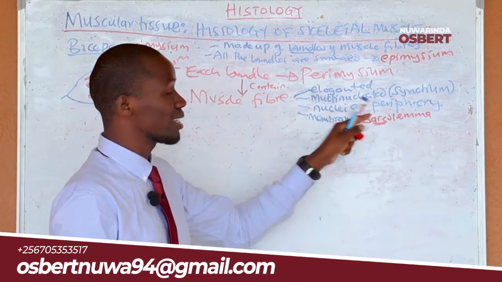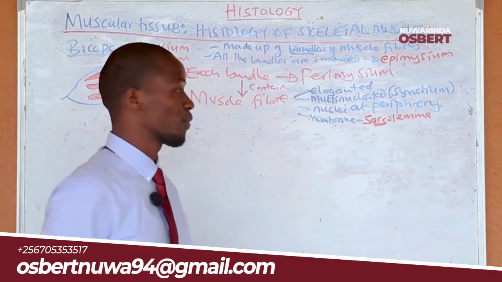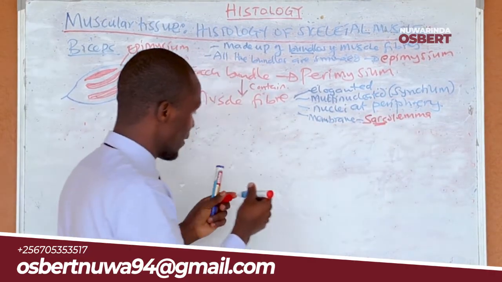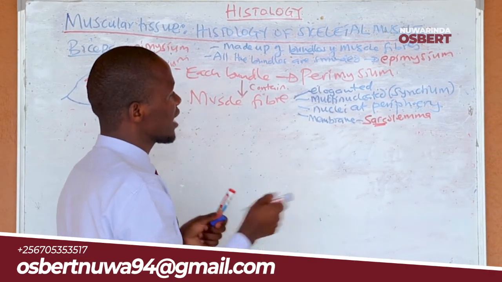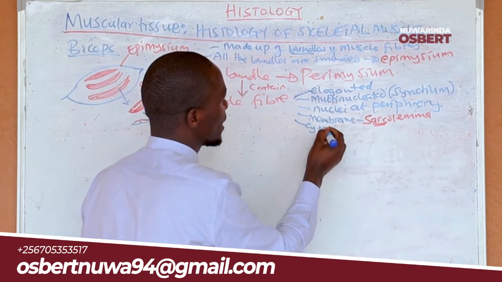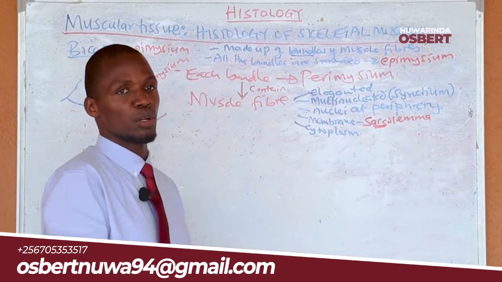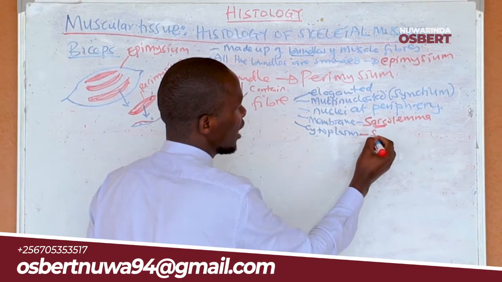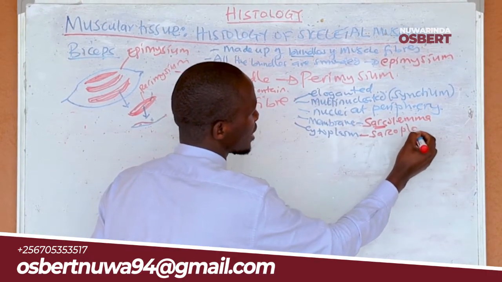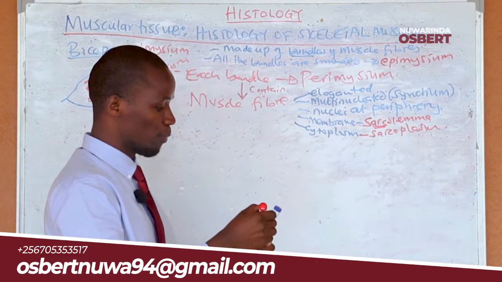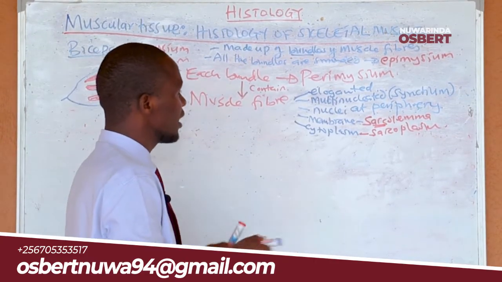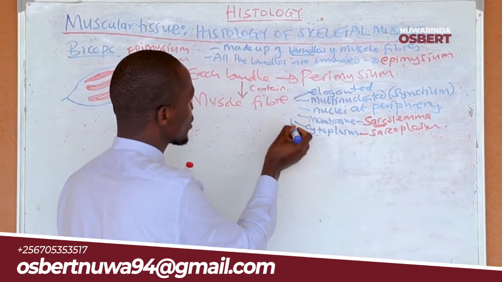Anything to do with sarco means you are dealing with something to do with a muscle. So the membrane is called sarcolemma. And then, every cell has a cytoplasm. The cytoplasm of a muscle fiber has a special name, and we call it sarcoplasm.